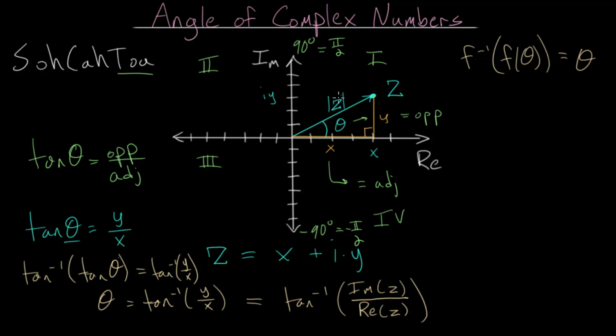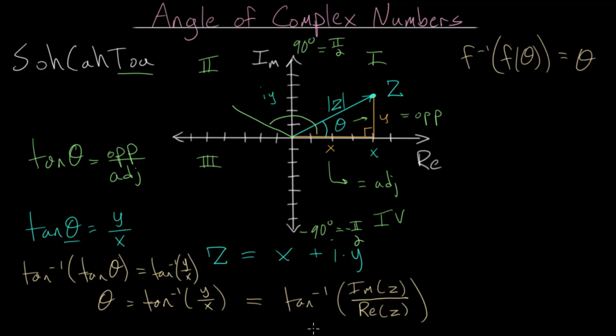So when our angle relative to this real axis is, let's say, larger than pi over 2 or more negative than minus pi over 2, then this formula doesn't work perfectly.